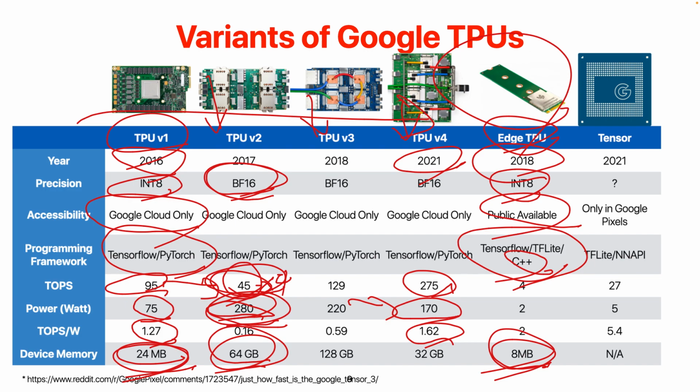For me, this is a very good platform to do research. So that's why I bought a lot of it. But in terms of performance, it's 4 tera ops, and if it's only 2 watts, it means that it's 2 tera ops per watt.